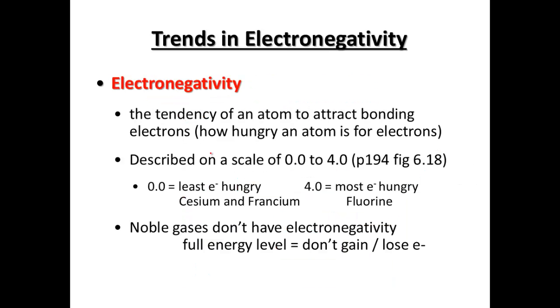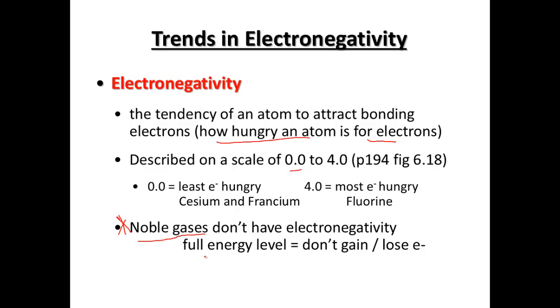So electronegativity is the tendency for an atom to attract bonding electrons, how hungry they are for electrons. It's described on a scale in the textbook: 0 is least hungry, cesium and francium give their electrons away. Fluorine is most hungry, wanting extra electrons. And then to add in, our noble gases don't have electronegativity.